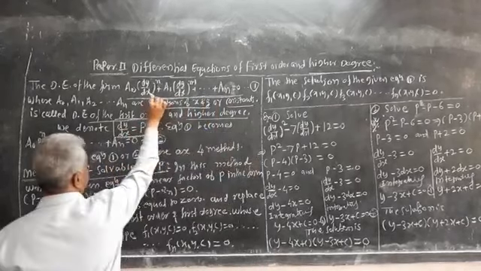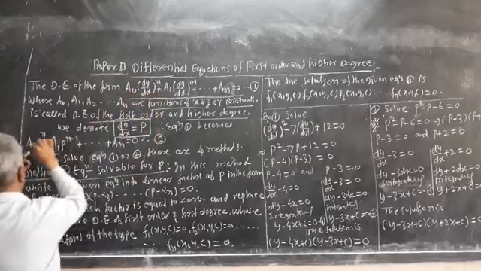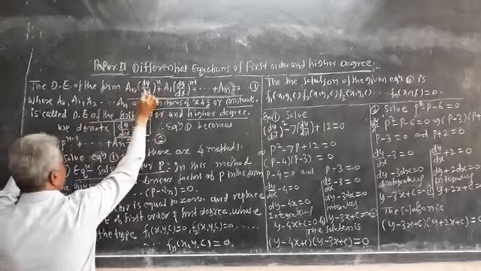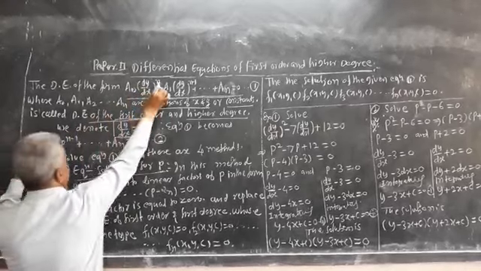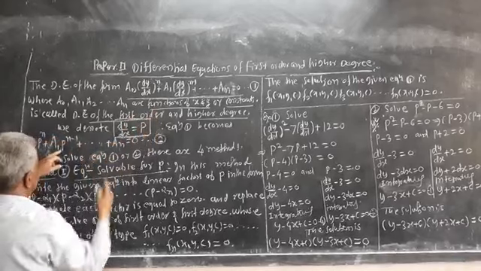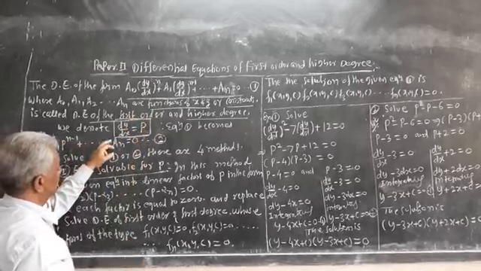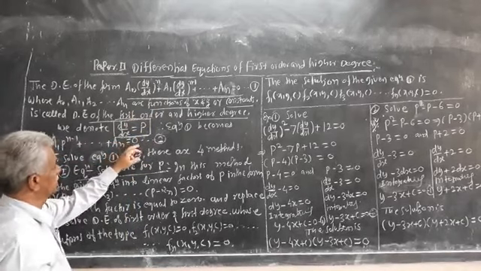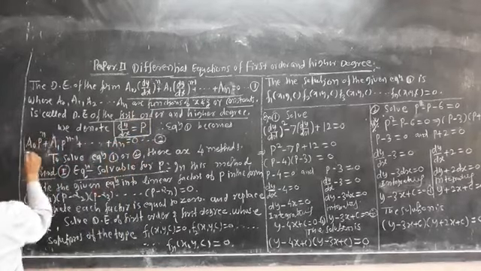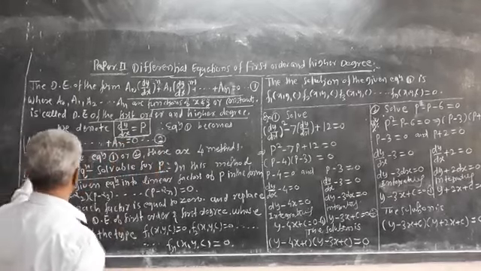Hence, substituting dy by dx as p, we get a0 p^n + a1 p^(n-1) + and so on, + an = 0, and hence we have equation 1 in this form.